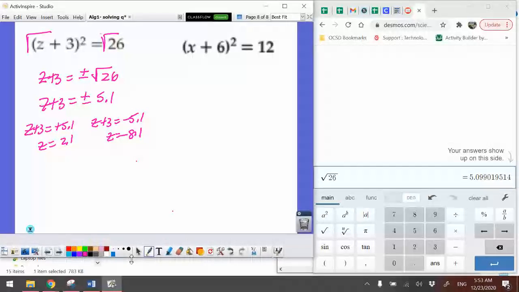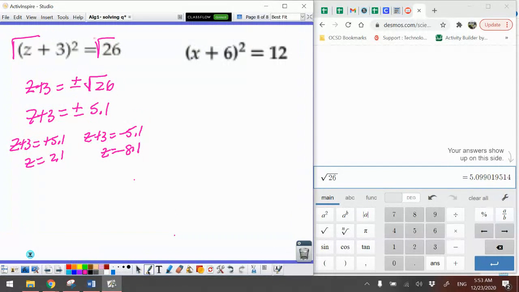If I am looking at the radical form, then I'm actually going to leave the plus minus alone. So z plus 3 is equal to a positive square root of 26, and z plus 3 equals a negative square root of 26. So when I move my 3, it ends up being negative.